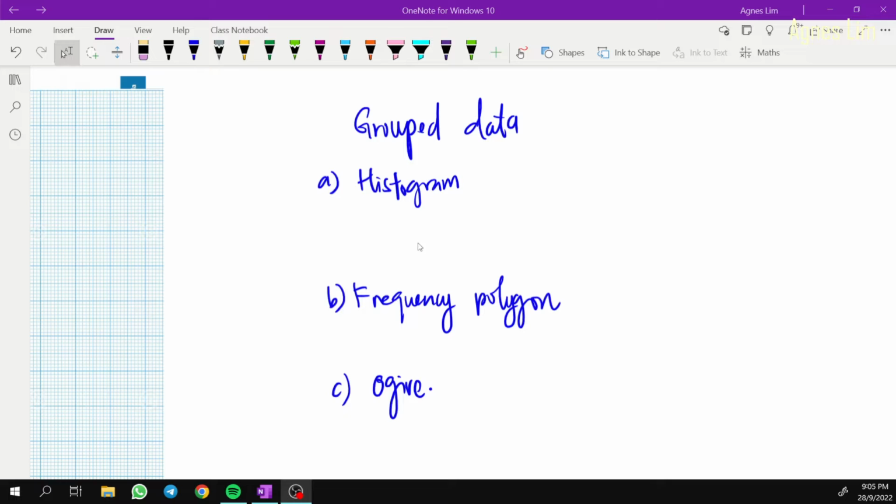So to draw a histogram, we usually can use lower boundary, upper boundary. We can also use midpoint. Other than that, of course, we will need the frequency.